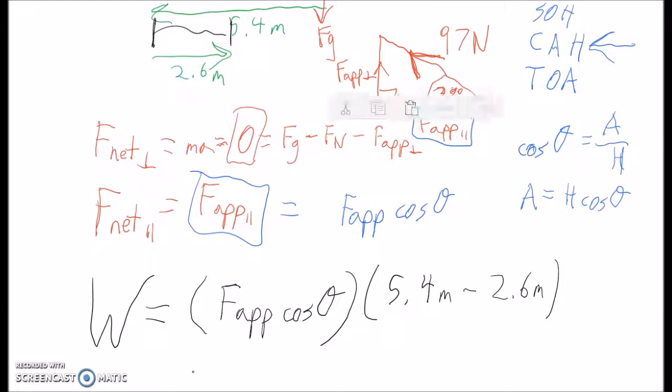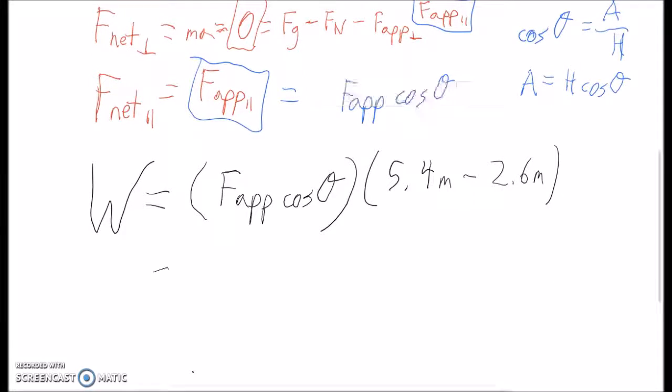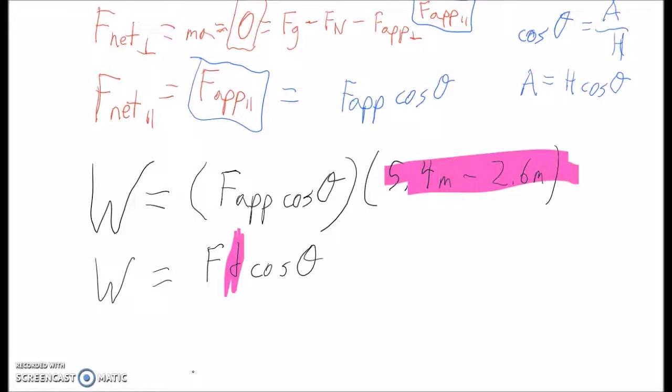Okay, so now you plug all this stuff in, and this will be what your equation normally looks like: FD cos theta, where this D is this, and this F applied is F, and this cos is this.